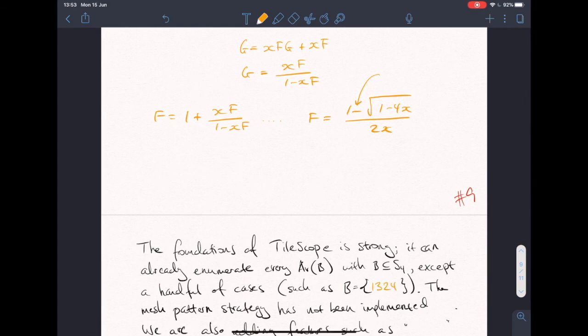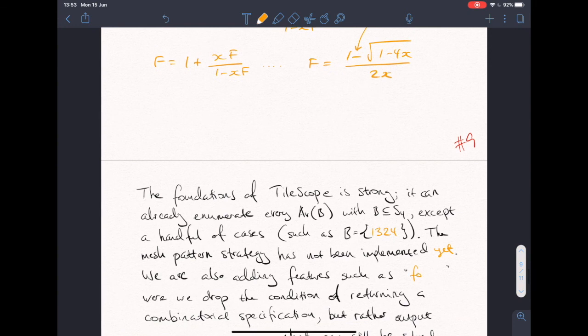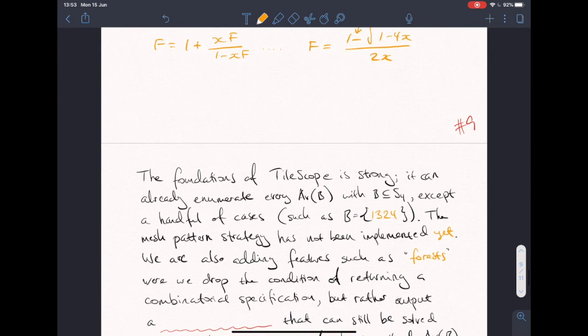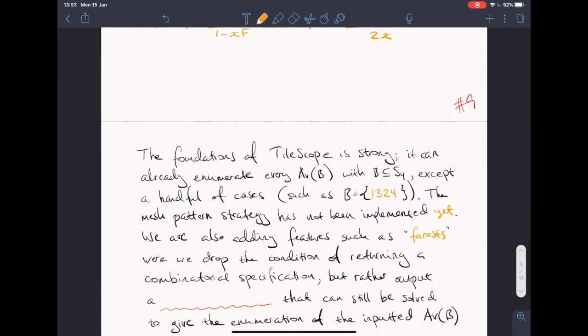The mesh pattern strategy I was showing above has not been implemented yet. We're also adding features such as things we call forests, where we drop the condition of returning a combinatorial specification, but rather output, let's say, a set of equations that can still be solved to give the enumeration of the inputted Av(B).